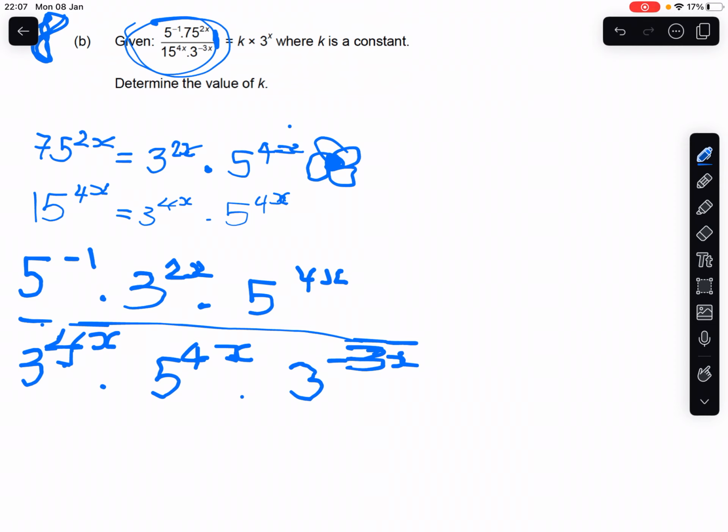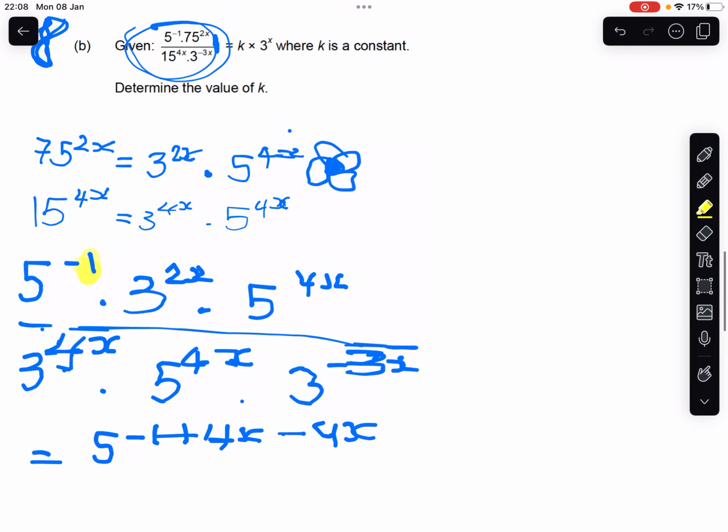So this is going to simplify to 5 to the minus 1 plus 4x minus 4x, right, which is already looking lovely. And just to highlight where we got that, minus 1 plus 4x, and then because we're dividing, we have to minus 4x, right? So that's where those powers are coming from, right?